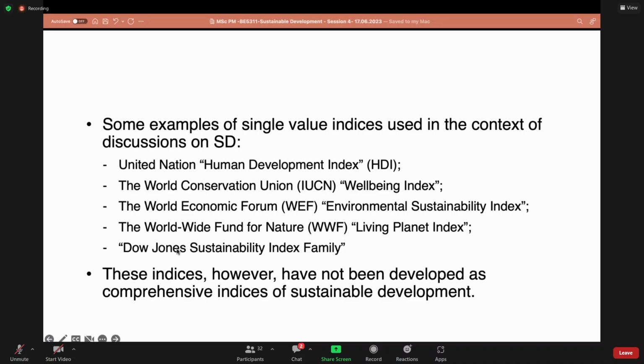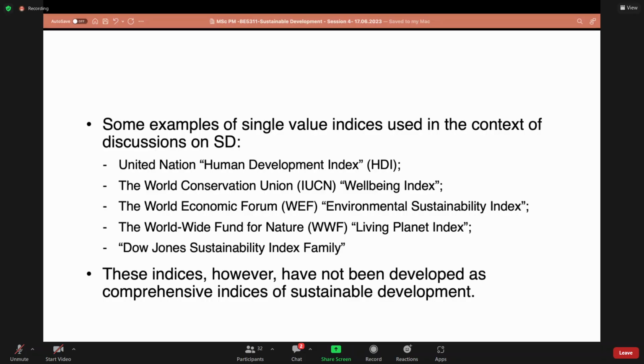But again, now the criticism is that none of these indices have been developed as comprehensive indices of sustainable development. So they might not fully address all three pillars equally, environmental, economic, and social.